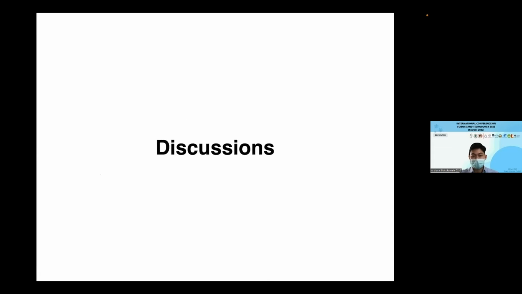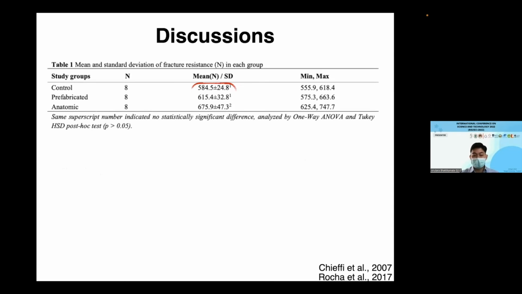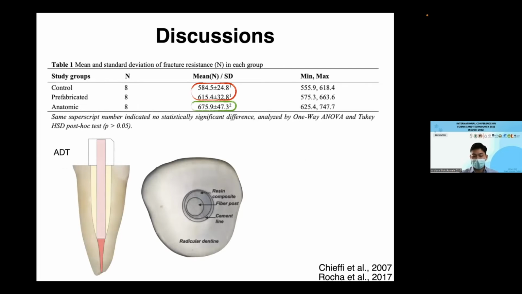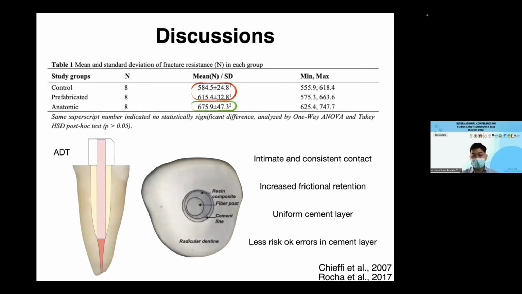Discussion. From the results of this study, different fabrication techniques demonstrate a beneficial effect, as there was a statistically significantly higher fracture resistance found in the anatomic group. The statistically significant increase in mean fracture resistance could be attributed to the close and even contact between the anatomic post and the post space.